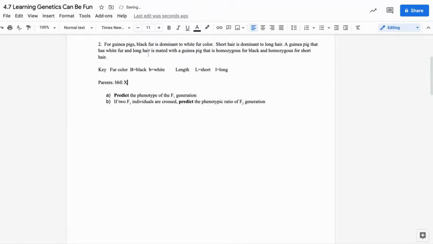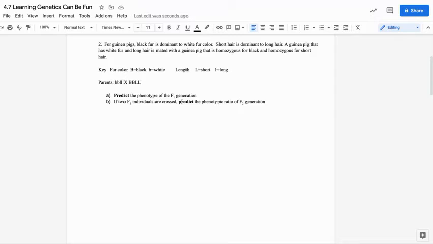And that one is mated with a guinea pig that is homozygous for black and homozygous for short hair. So that's all dominant. All right, the first one's pretty straightforward.